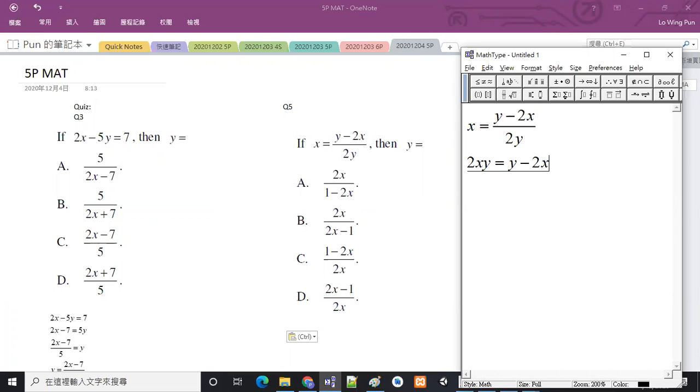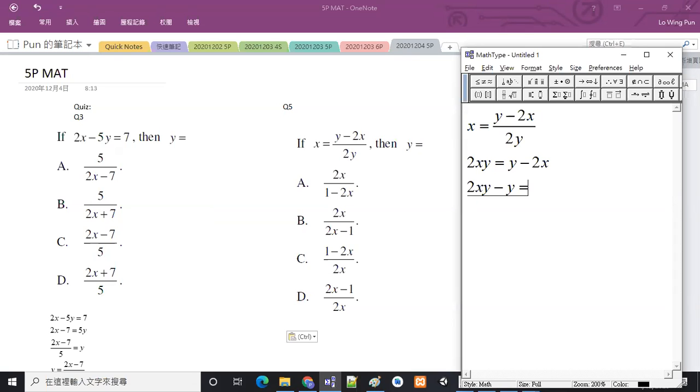Okay, and then I want the subject to be y. So I'm going to move all the y terms to one side, and then leave the non-y term to the other side. Now take note, some students may do it like this: 2xy minus y is equal to negative 2x. Okay, and if this is the only term, the negative term, then I'm not going to leave the only term on the negative side.